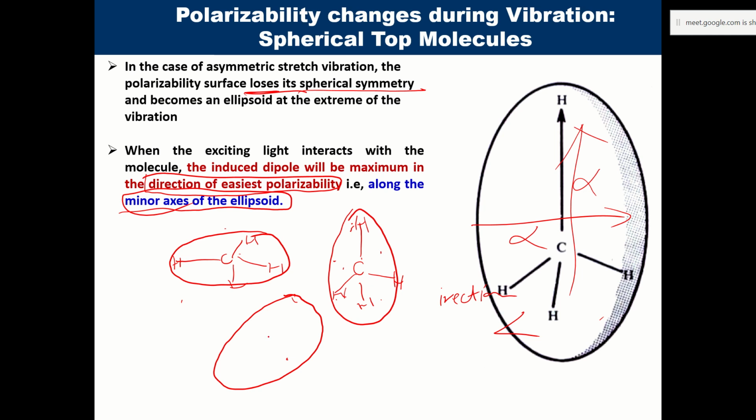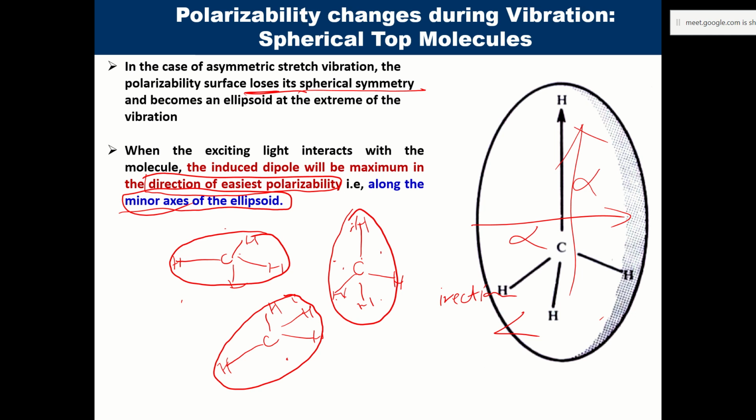So ultimately you have all sorts of directions of polarizability, and the induced dipole takes up random directions. Because the induced dipole oscillates in random directions, not contained in a plane, the Raman scattered light is not polarized.